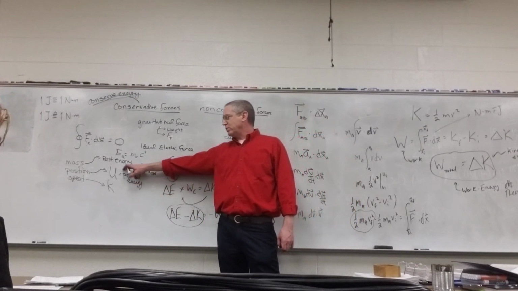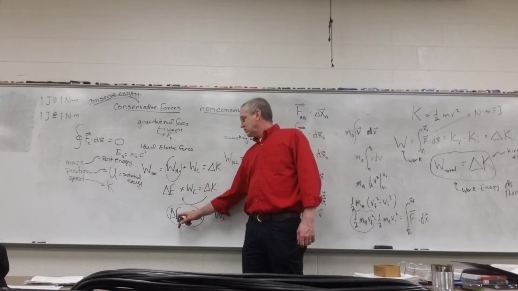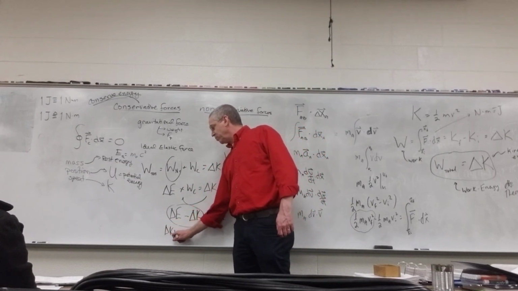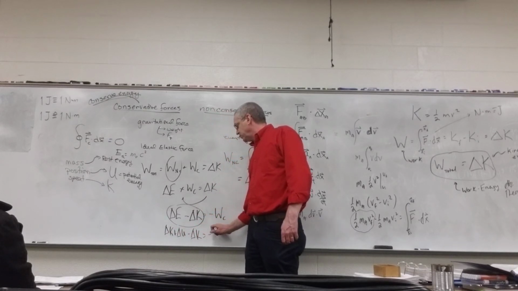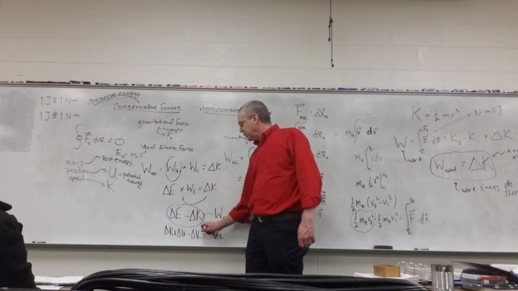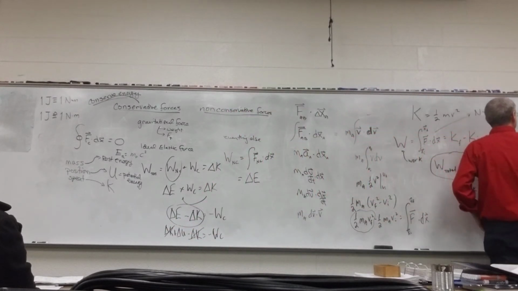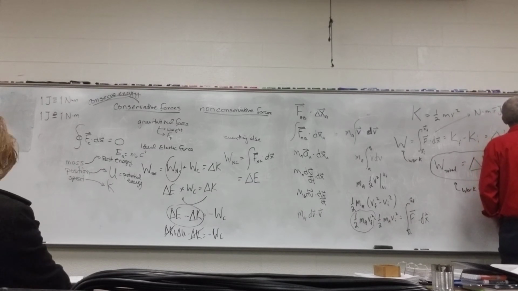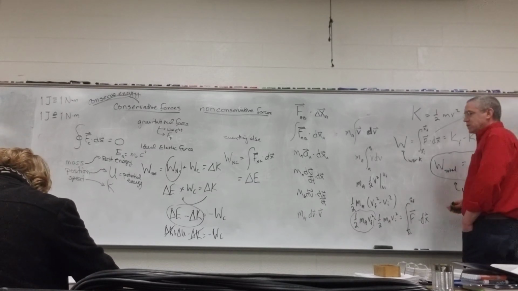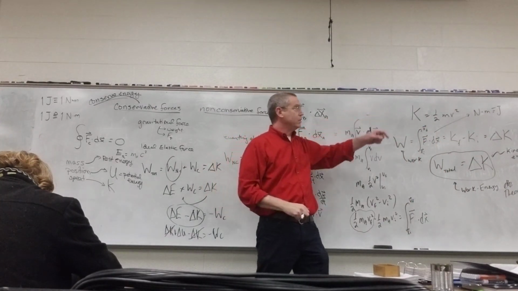Also, if we're just dealing with these 2, this is also known as mechanical energy. So this is delta K plus delta U minus delta K is equal to negative work conservative. The kinetics cancel out, and what you're left with is conservative work is equal to the negative change in potential energy. These are the work-energy relationships. There are a number of problems where this is my starting point.